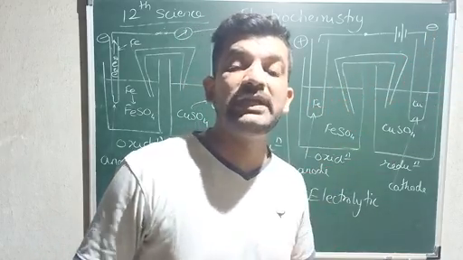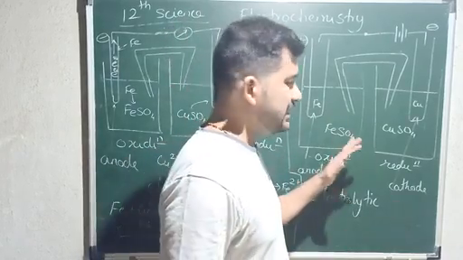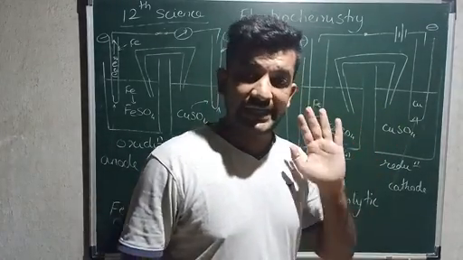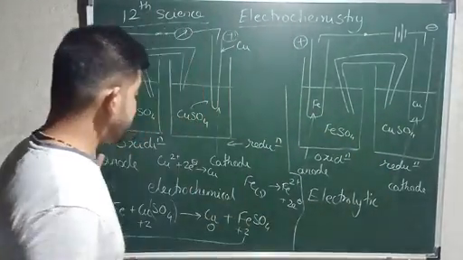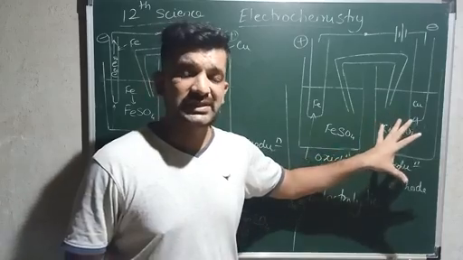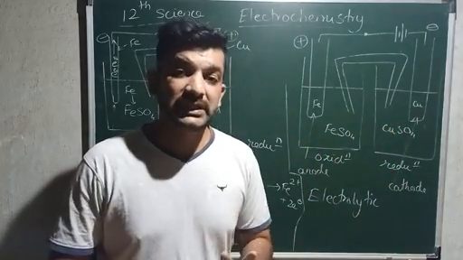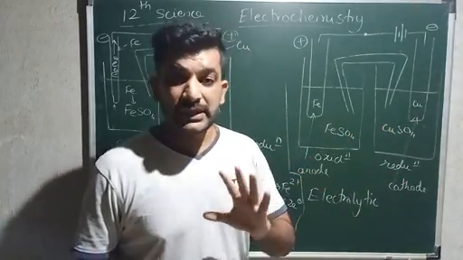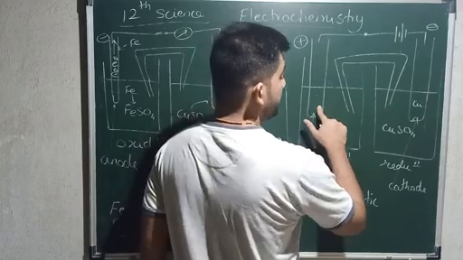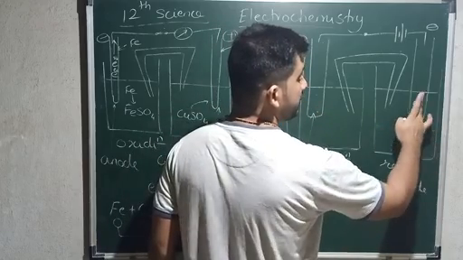This is electrolytic reaction. This is not a correct example. FeSO4, this is not an exact example. As we have seen this reaction over here, I have just used the same reagents to reduce the confusion. But this is not the correct example. What I want to tell you is just focus on that point, don't go for the reagents.